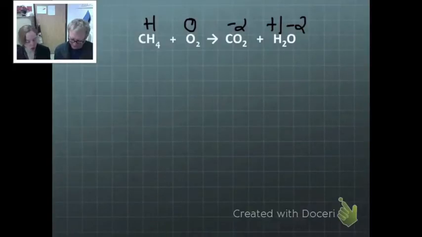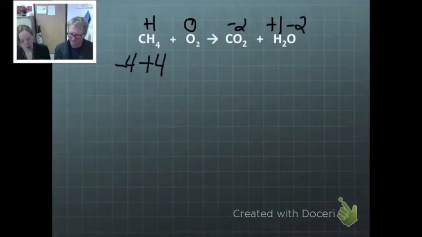In CH4, our oxidation number from 1 hydrogen is +1. So what's our oxidation number from 4 hydrogens? All 4 of them together is +4. So if that's +4, what's our carbon have to be? In order to make the +4 go to 0, it has to be -4.